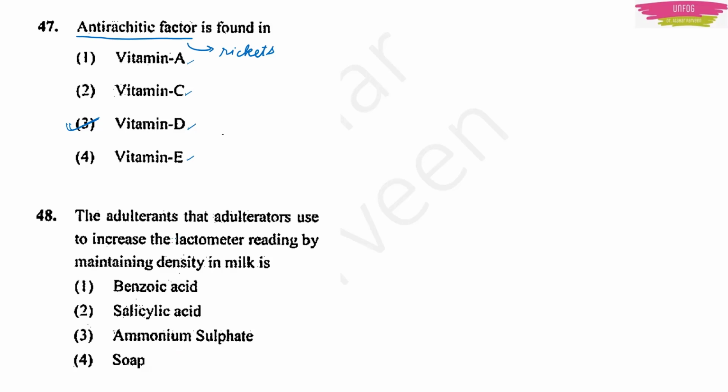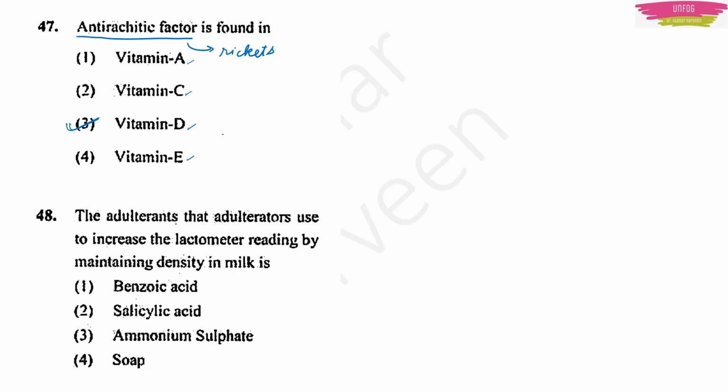So adulterant means some kind of foreign material which is not supposed to be used in any kind of substance. Like we have milk. For example, one of the common adulterants in milk is water. They add water in the milk to increase the quantity of milk. So they can sell more amount of milk, right?